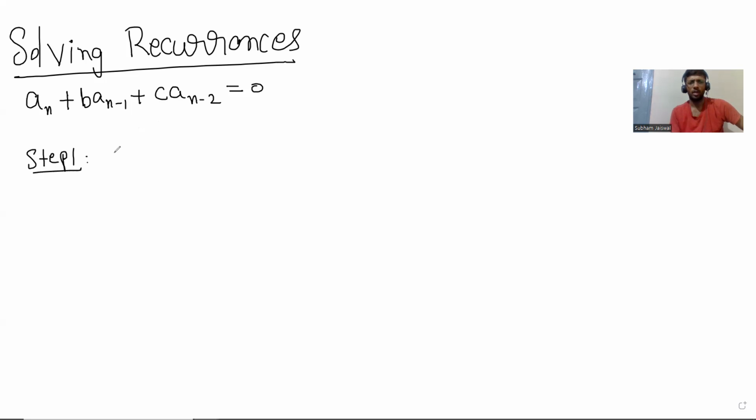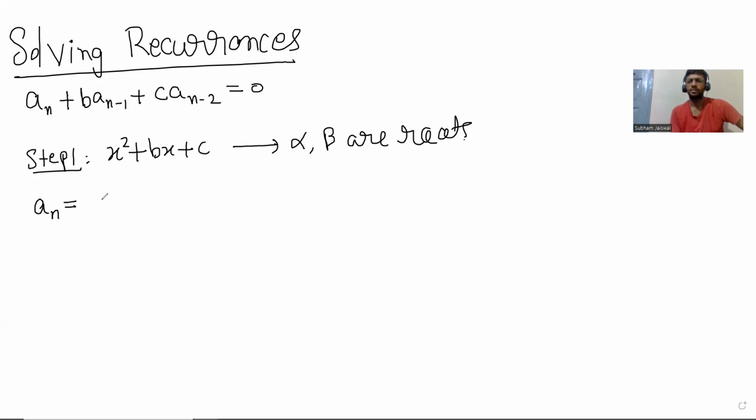You look at the quadratic, ax squared plus bx plus c, and you look at its roots. Then the solution is lambda 1 alpha to the n plus lambda 2 beta to the n.